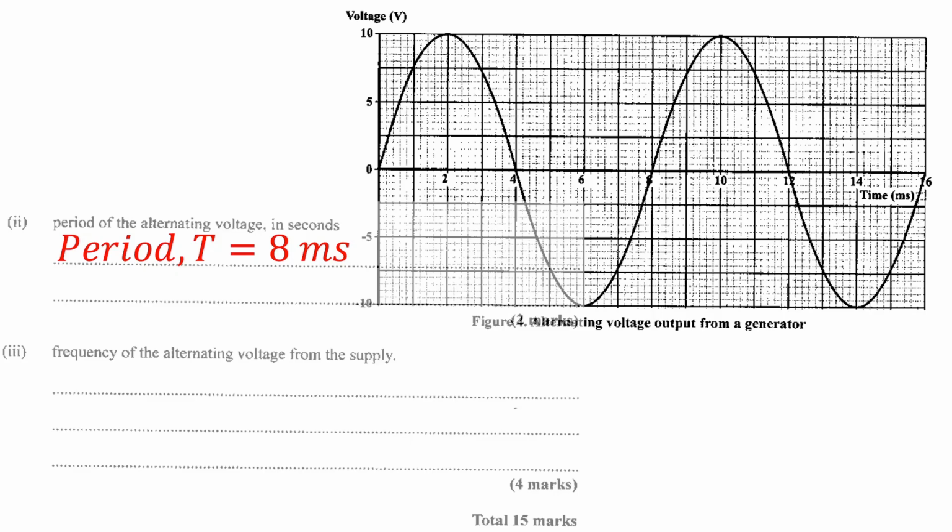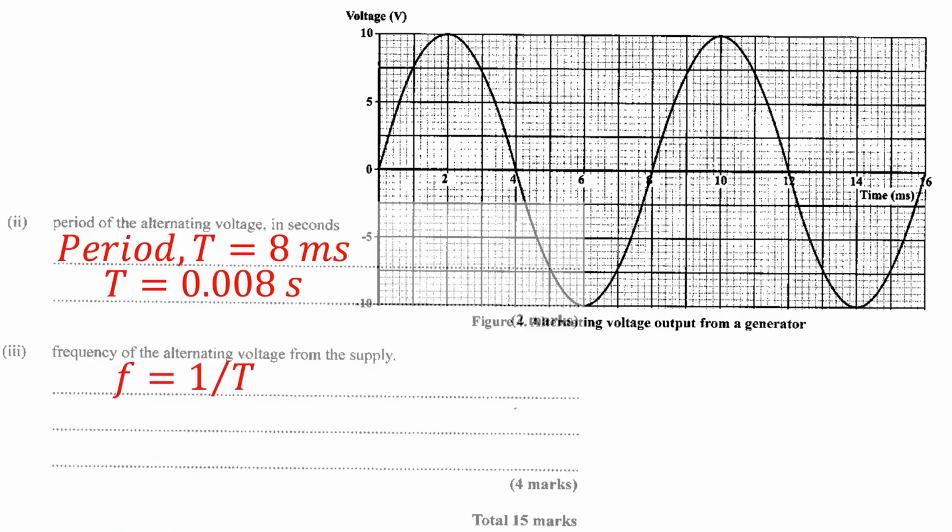Next, we're to determine the frequency of the alternating voltage from the supply. So recall that frequency is 1 over period. Oh, and I just remembered my mistake. It's supposed to be in seconds. So we need to convert from milliseconds to seconds. We do so by dividing by 1,000.